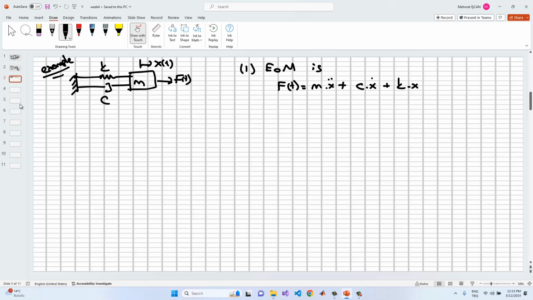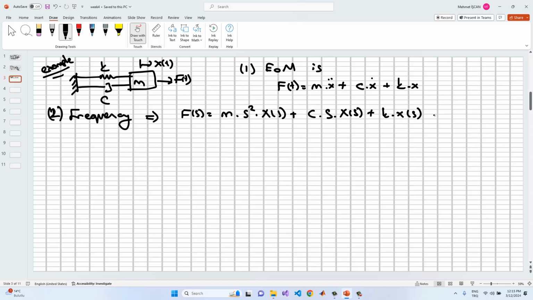Okay, and so in frequency domain we can say that we take the Laplace transform of this term, and then F(s) is equal to m s squared X(s) plus c s X(s) plus k X(s).